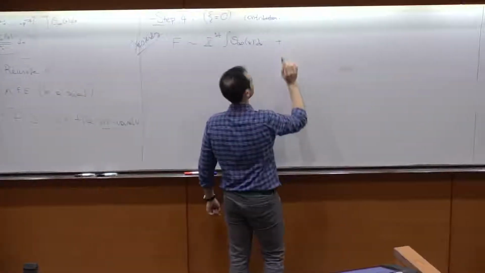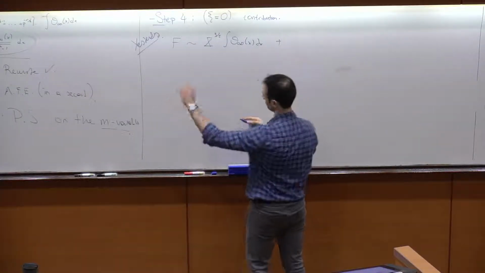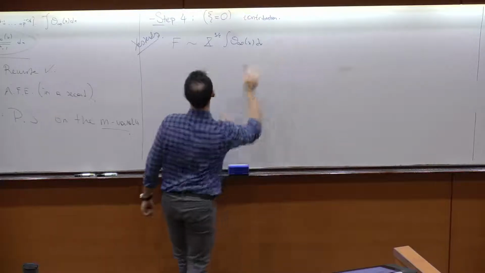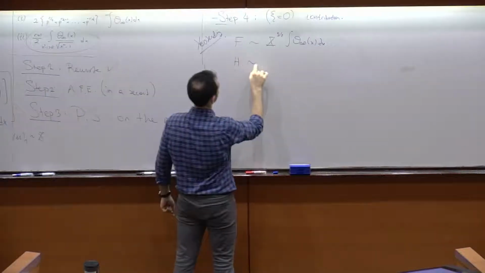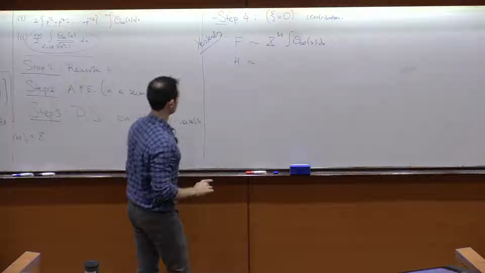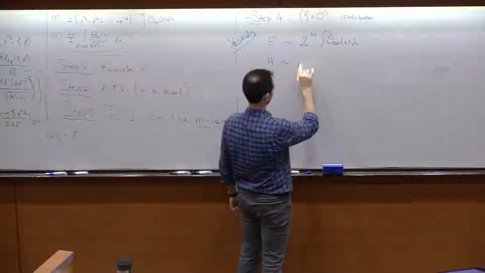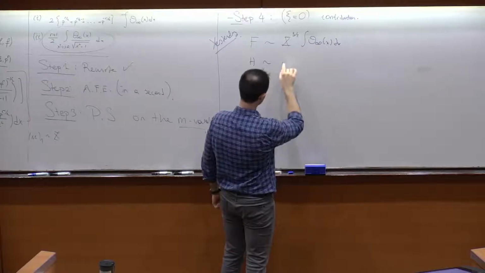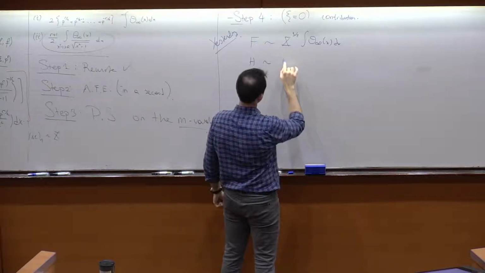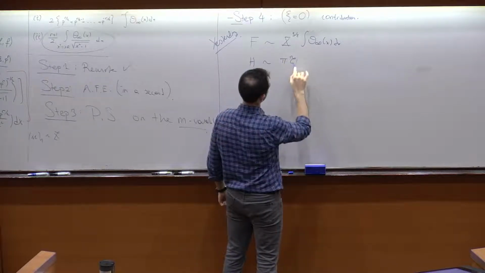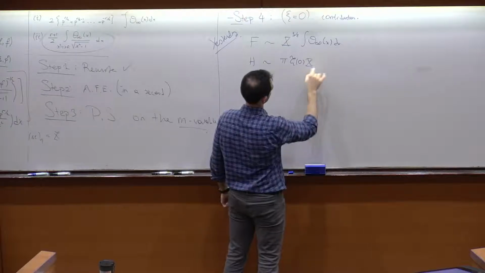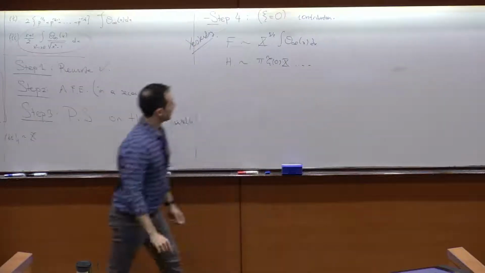And then there was a term which got canceled with the H part, so I'm not going to write it down. And the H part had given us a contribution which canceled with the hyperbolic term. So it gave us a contribution of the form pi of zeta of 0 times x times some stuff.